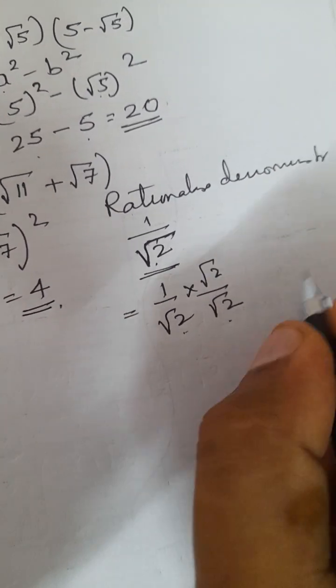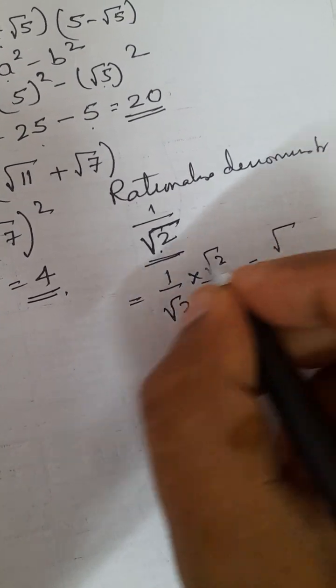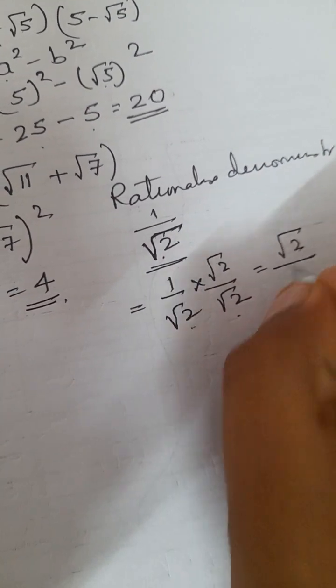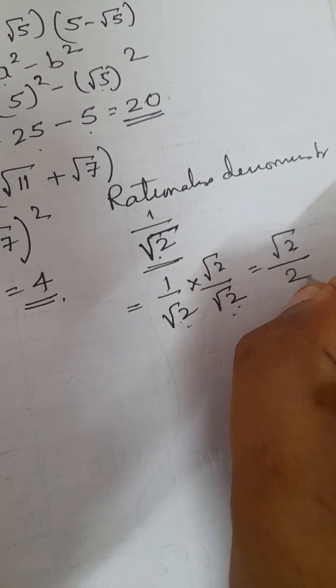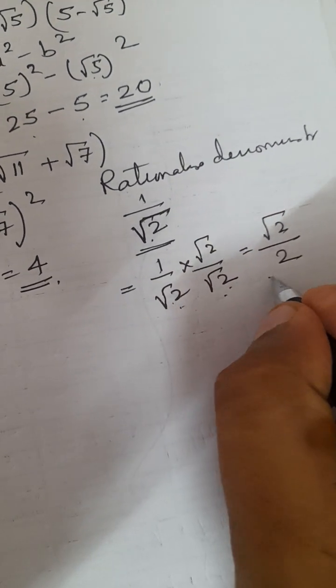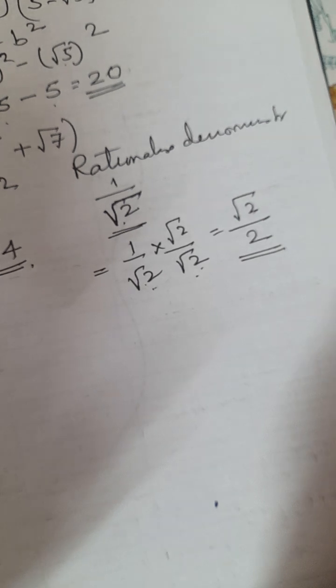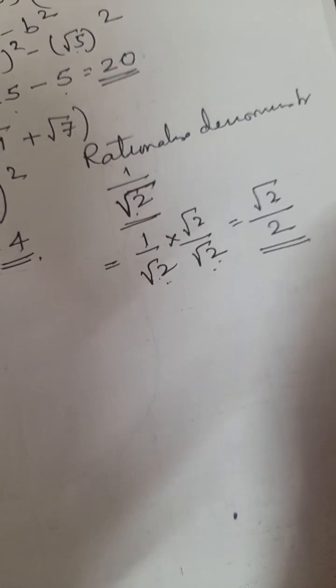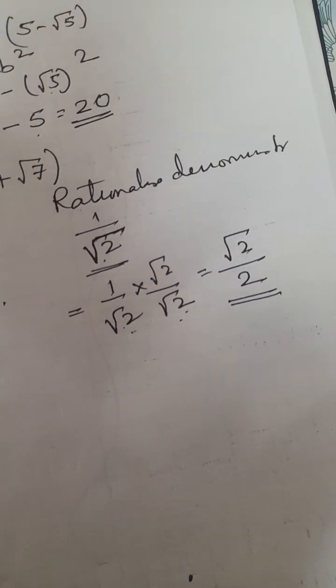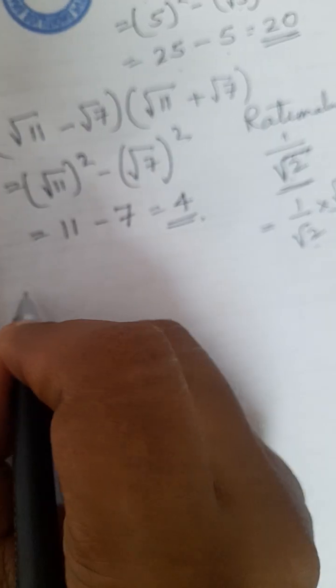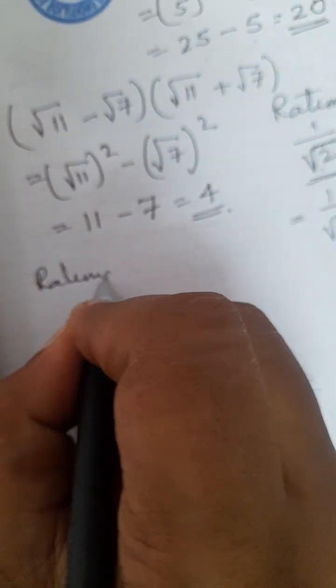In the numerator, 1 into root 2 becomes root 2. Root 2 into root 2 is 2. So your answer will remain root 2 by 2. Okay.